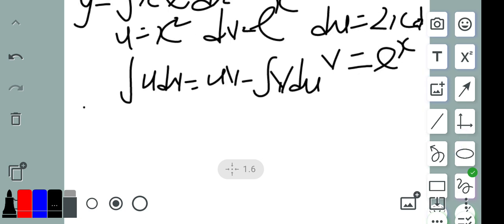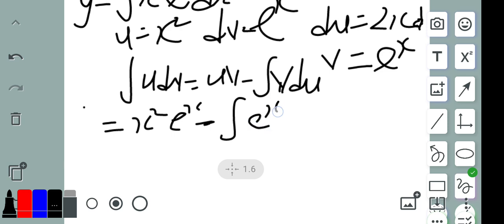So from here, what is our u and what is our v? This is our u and this is our v. So we have u is x square, and v is exponential x, minus the integral of v, which is exponential x, and du, which is 2x dx.